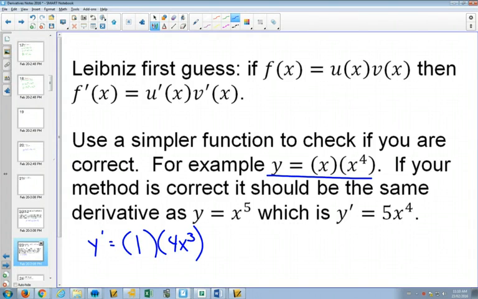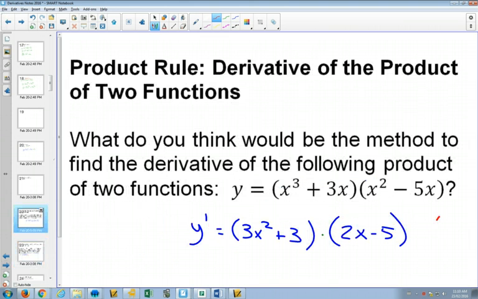But we know that we can put both of those together to get y equals x to the 5, and the derivative should be 5x to the 4. So by taking a simpler example and trying our gut feeling, something that we knew we could do the derivative of, we found out that this is wrong, and in fact what we did here to begin with is wrong.